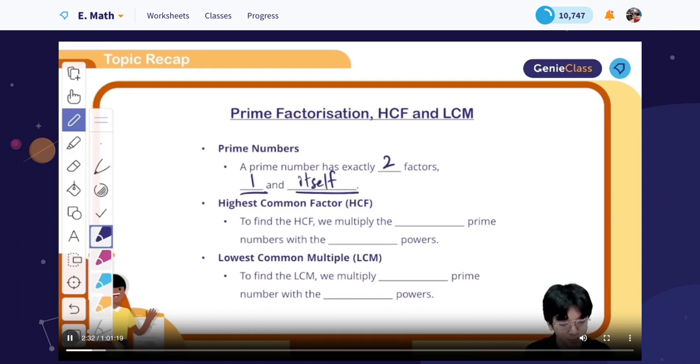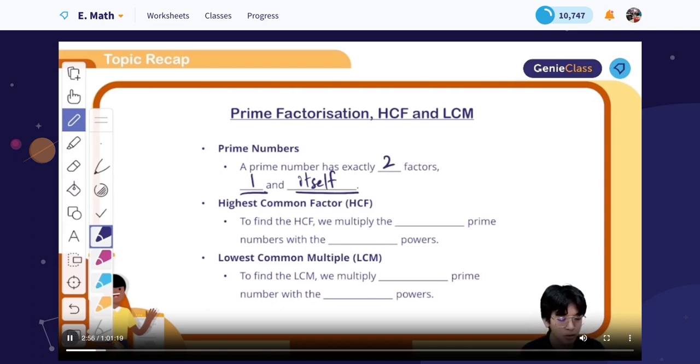Next, highest common factor. What is the highest common factor? If you have 2 or more numbers and you want to find the highest common factor, that means we want to find the highest number that divides both of the numbers. So how do you find HCF?